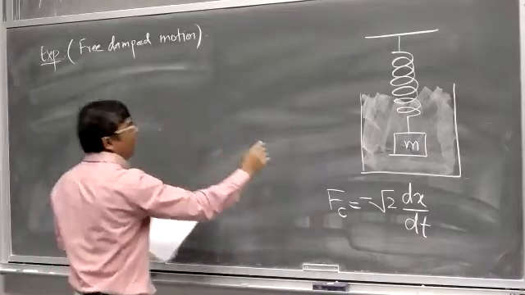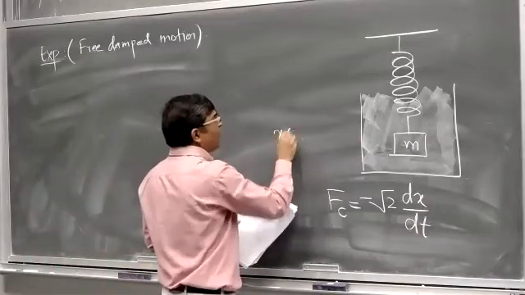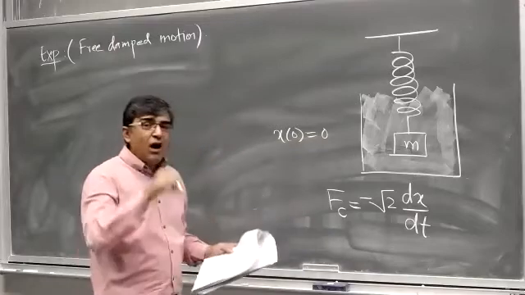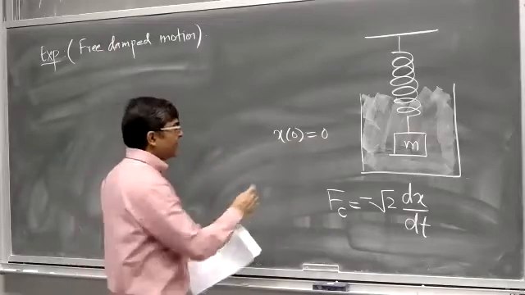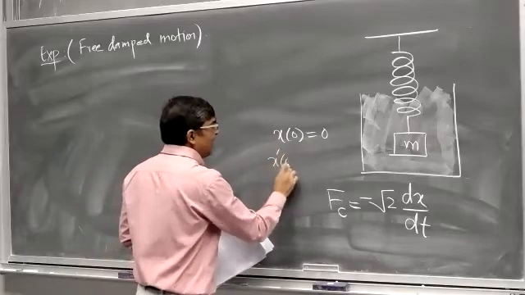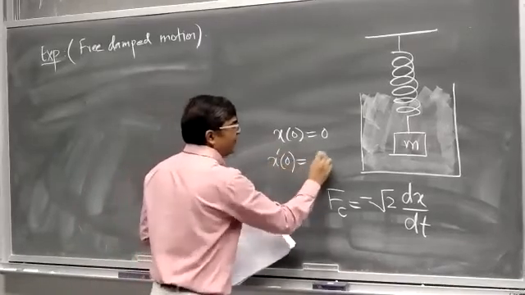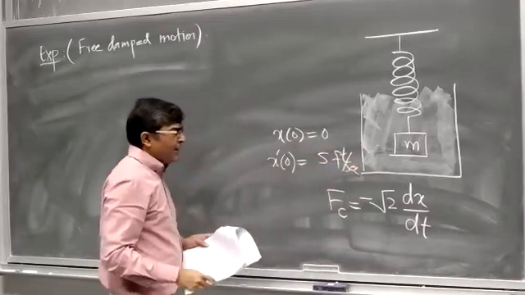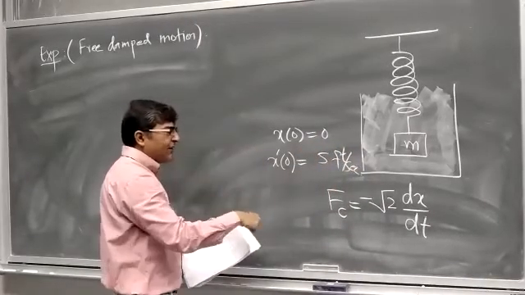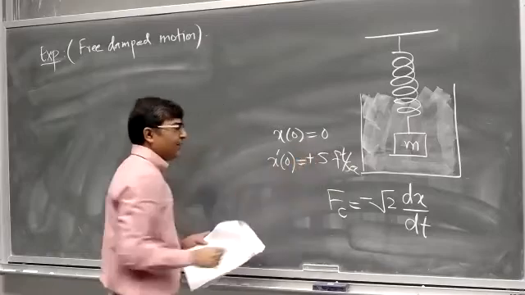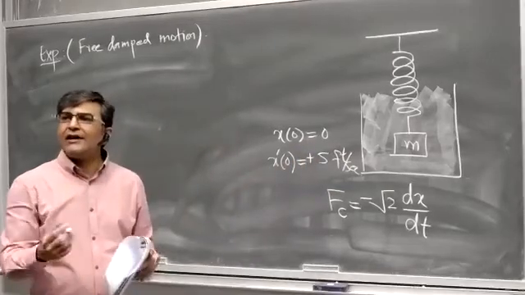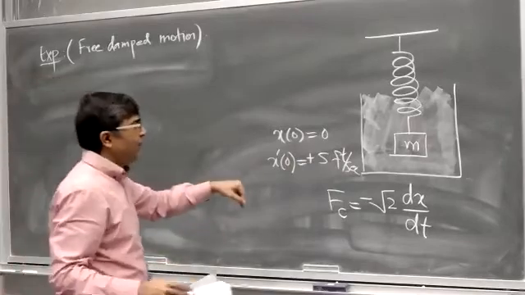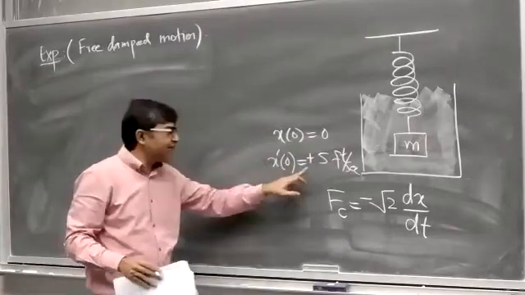It means that x of 0 is equal to 0, with a downward velocity of 5 feet per second, so x dash of 0 is 5. And since it is a downward velocity, we have a positive sign here. In the case of upward velocity, we have a negative sign.